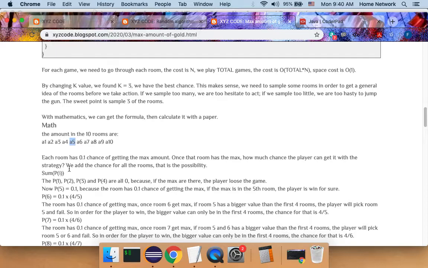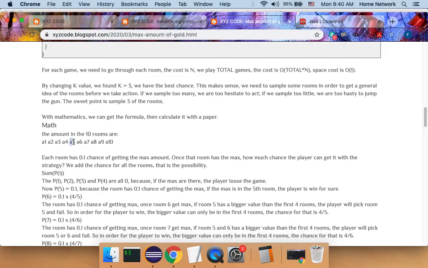And let's see, for each room, there's a 0.1 chance of getting the maximum amount. And for the first 4 rooms, the player has 0 chance to take from there, so their chance is 0.